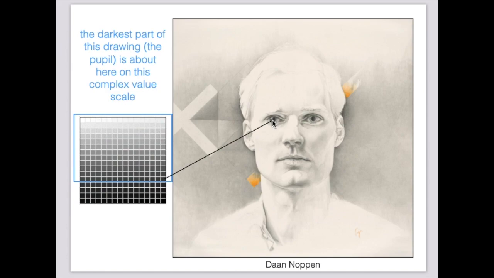The darkest dark tone in this pupil, which is the darkest part of this drawing, is still a pretty dark mid-tone gray, and then it goes all the way up until white, right? So this doesn't have a complete range of value in terms of white to black, but it's white to dark gray, and it's plenty to define the form, right?